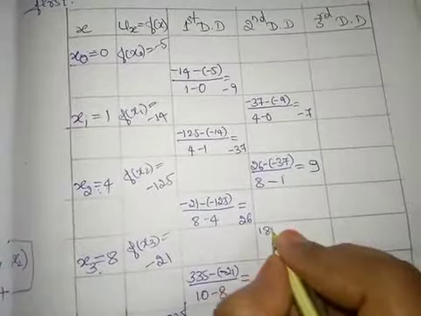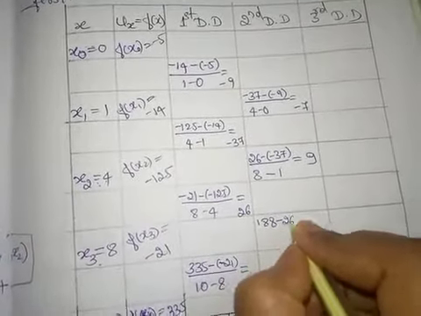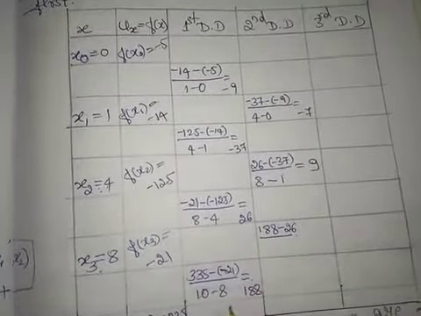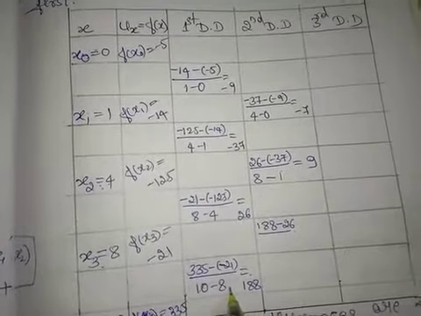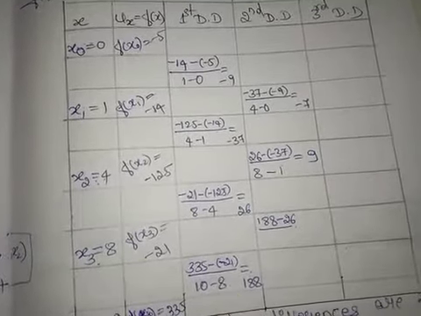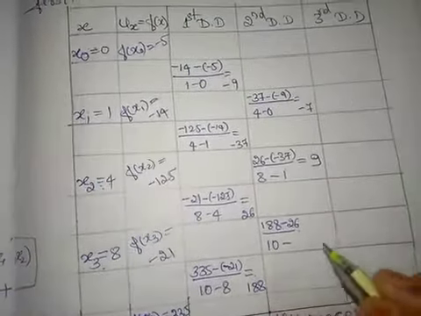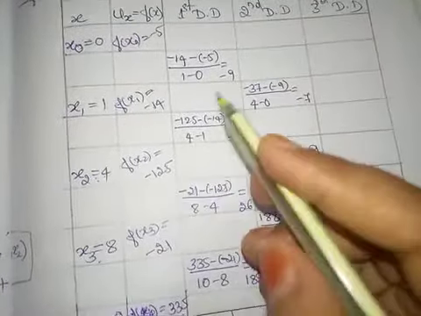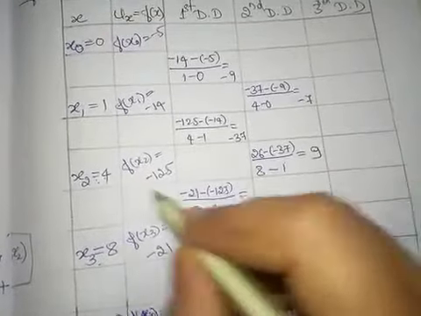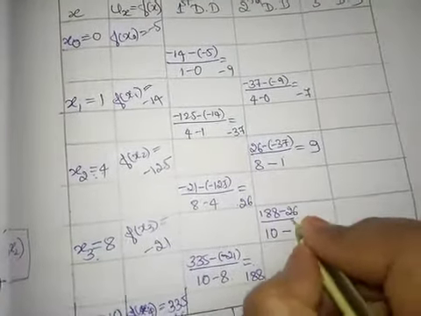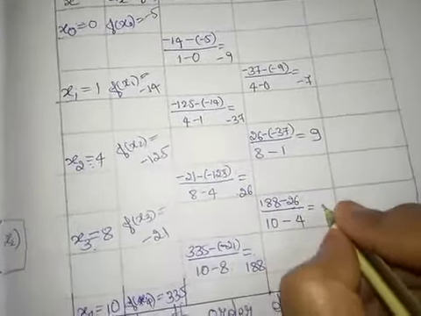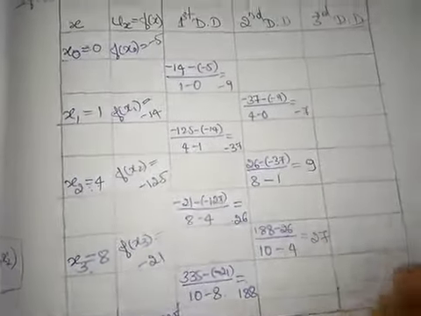Next, 188 minus 26 divided by, below the value of x is 10, minus the value of x which is above this one is 4, is equal to how much? 27.